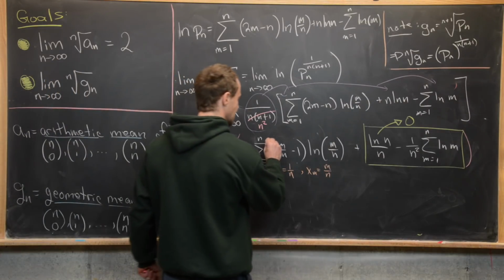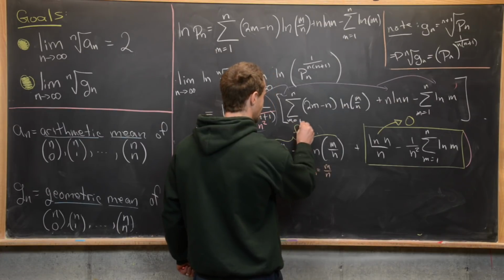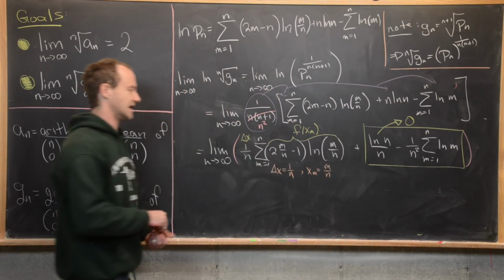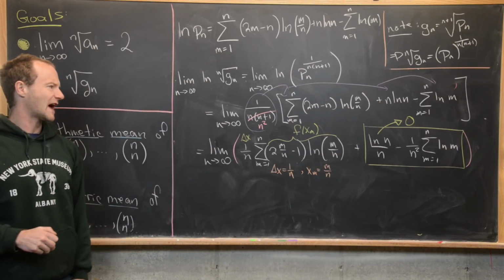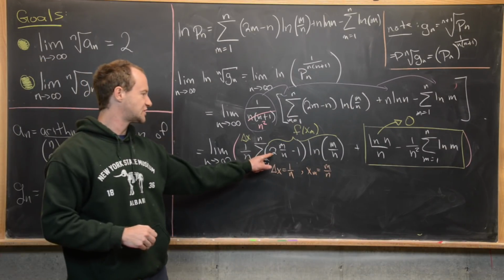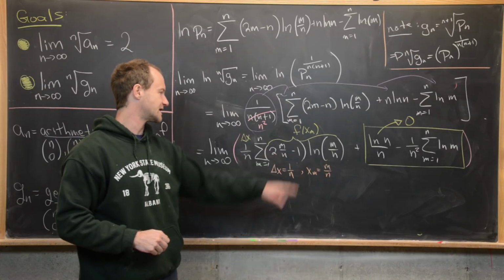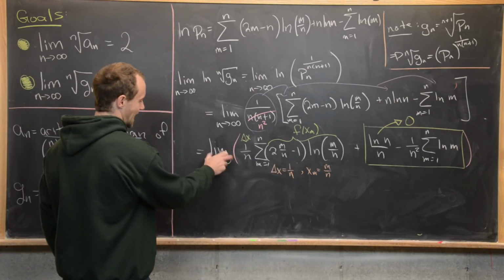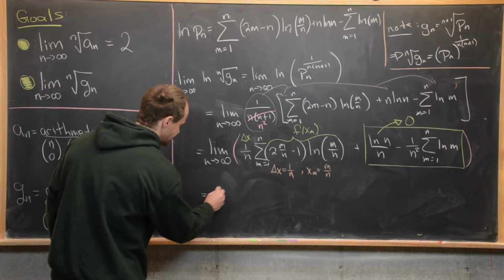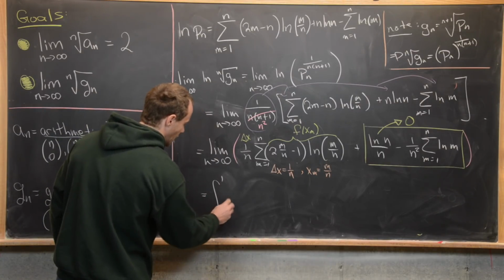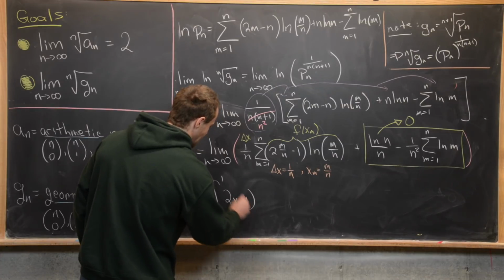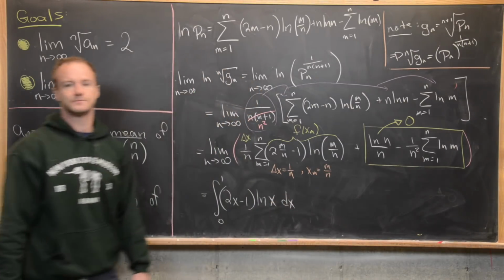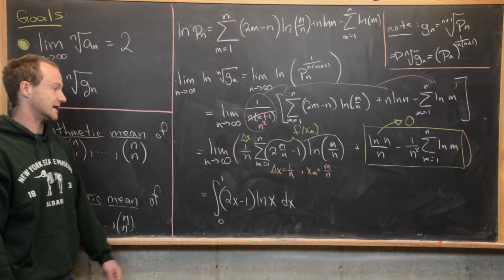And so notice that this looks like f evaluated at x sub m, and then out here is this delta x. But what would that function be? Well, we have 2x minus 1 times the natural log of x. So in other words, after taking the limit, this becomes the integral from 0 to 1 of 2x minus 1 times natural log of x dx, which I think is pretty nice.